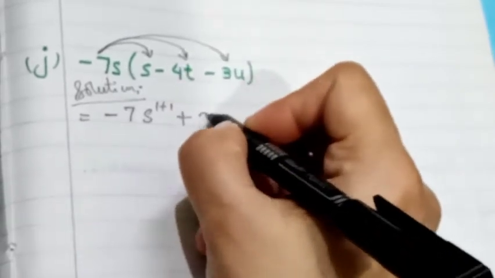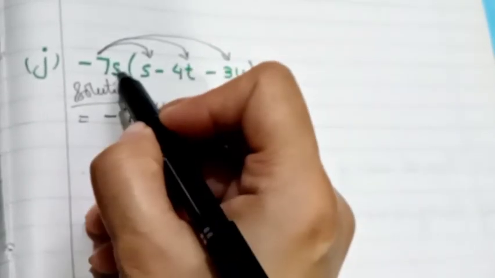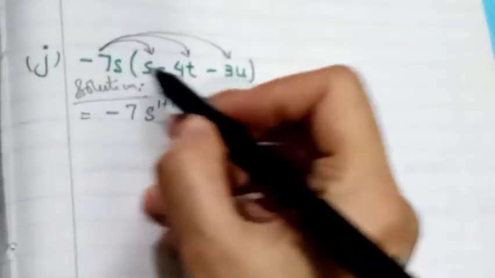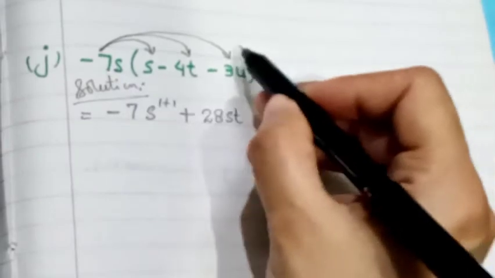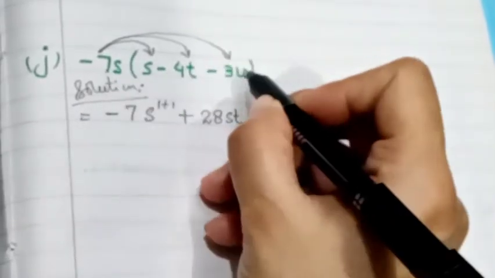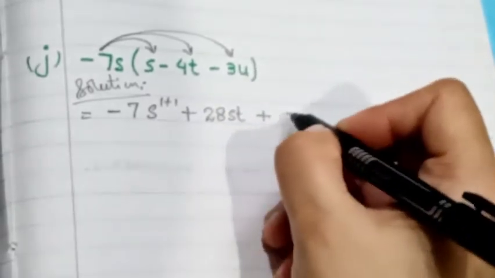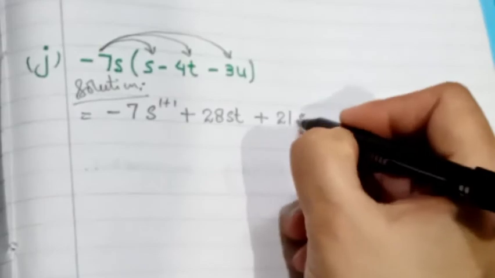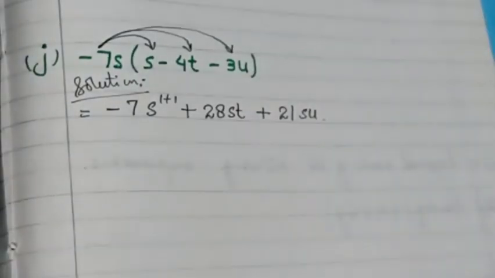So 28 s into t means st. We have to write in alphabetical order. Minus minus plus 7 threes are 21, and when we multiply s with u, we will get su, as both variables are different.